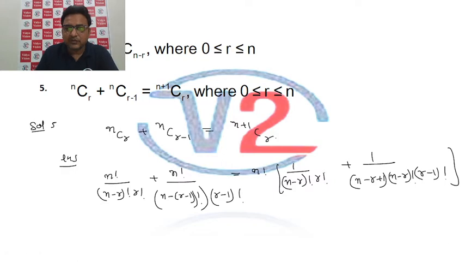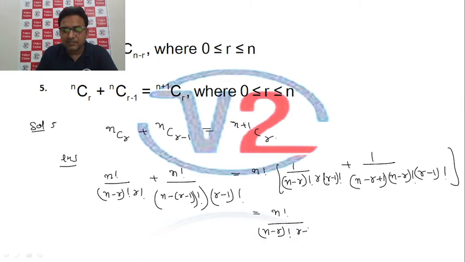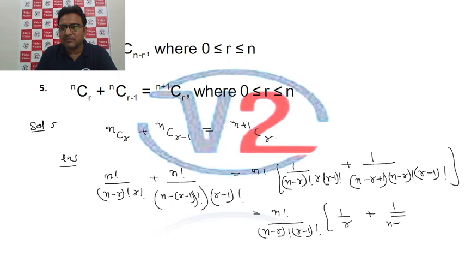We can write this as n minus r factorial into r minus 1 factorial in the common denominator. In the bracket we can write 1 by r plus 1 upon n minus r plus 1.